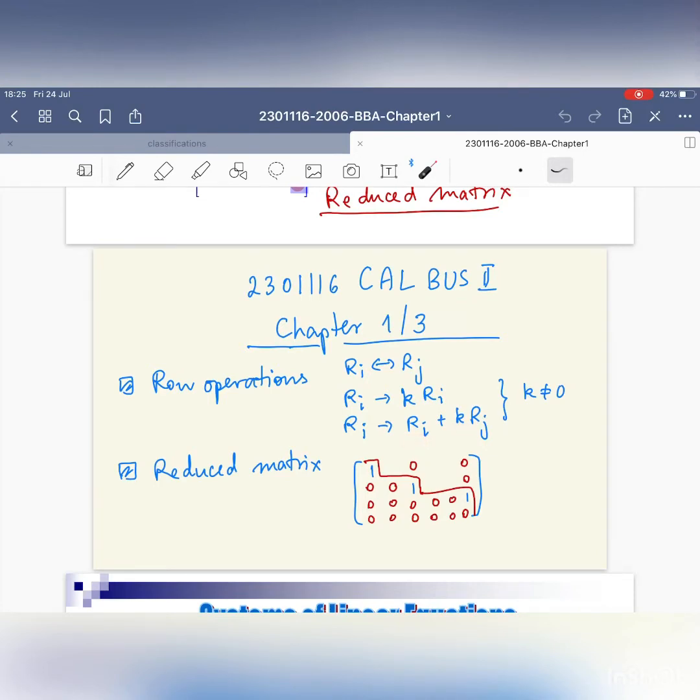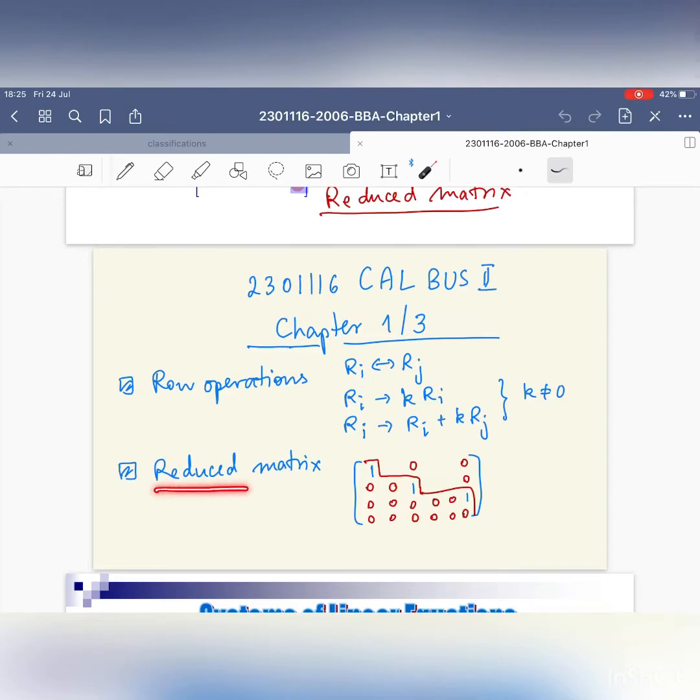This means that the only row that changes is the ith row, and your jth row will remain the same. You just borrow this rj, with k times, to change your ri, but your j row stays the same. Of course this k must be non-zero.